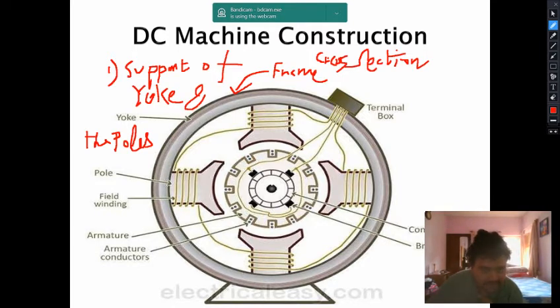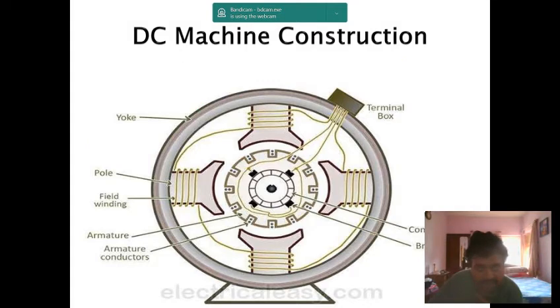Now secondly, what is a yoke? The yoke is something which provides the magnetic path for the magnetic lines of force. I will write this for you.